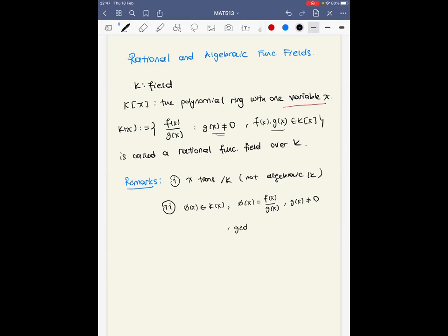That means the greatest common divisor of f of x and g of x is 1. Moreover, the polynomial ring K of x is a unique factorization domain. We may consider the factorizations of polynomials f of x and g of x into irreducible factors.